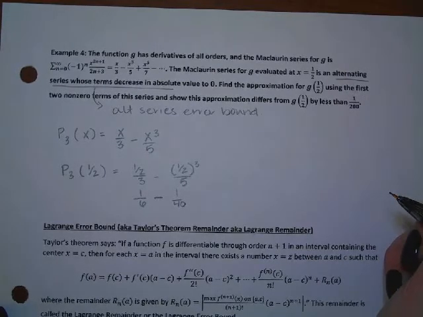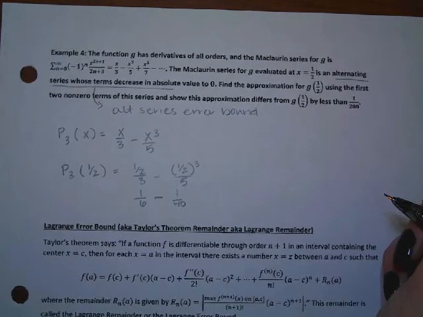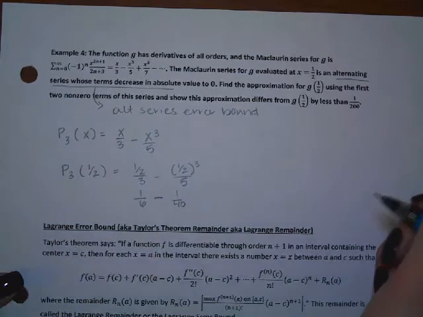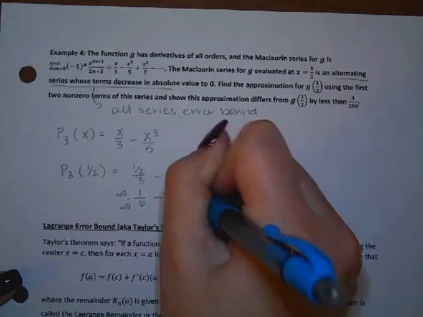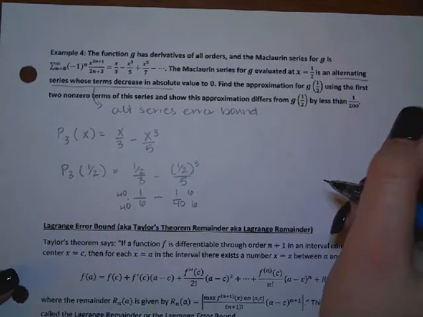Can we get a common denominator? We can do 240. There's one smaller than that, I think, but on my notes I did 240 also.